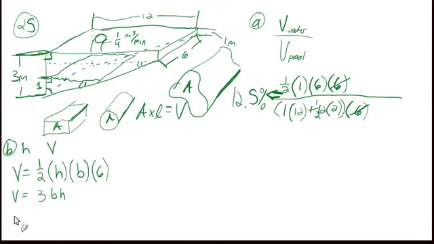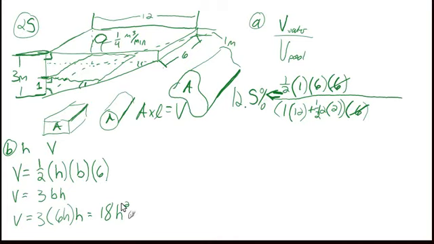So instead of writing B, why don't we write 6h? And then that would be times h. So this would be 18h squared. Alright, so we've related the volume directly to the height.